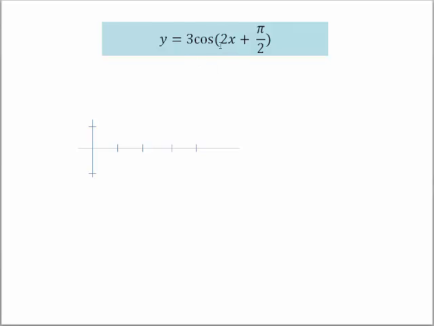Remember that your period will be 2 pi divided by 2, and your phase shift will be negative pi over 2 over 2. Now that'll be 2 over 1. Okay, so you're going to have a negative phase shift. That means you're going to start back here. All right, go ahead and try it.